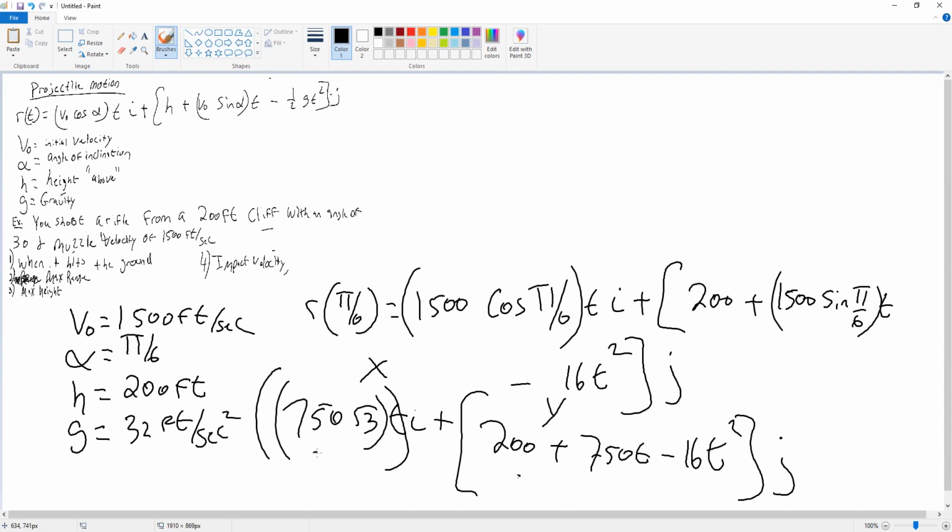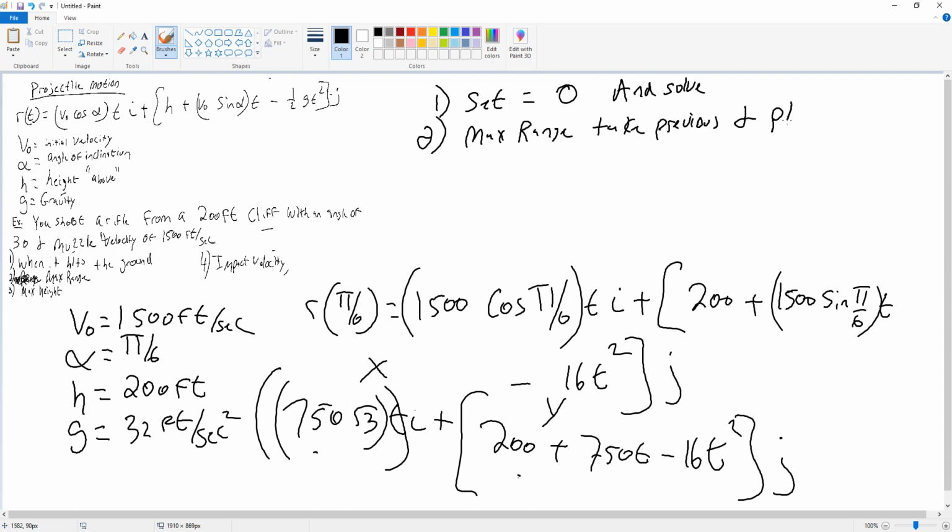Perfect. So when it hits the ground, we'll set y equal to 0, to get the max range, take the previous t and plug it in.